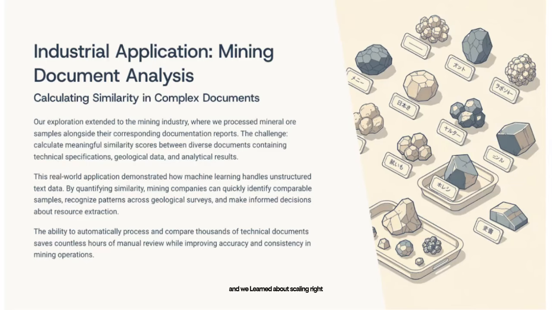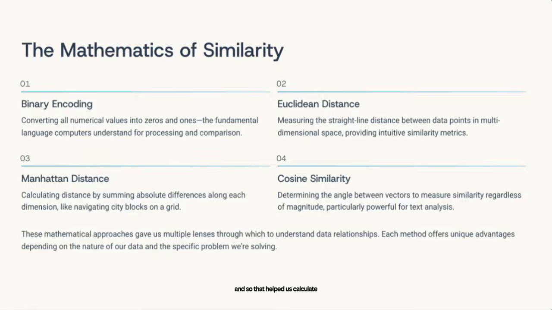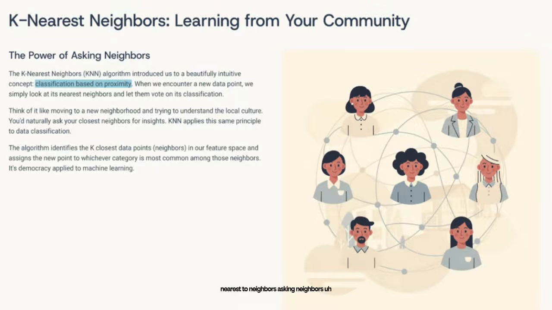And we learned about scaling, right? Turning all the numbers into 0 and 1. And so that helped us calculate Euclidean distance and Manhattan distance, as well as cosine similarity. And then we learned KNN, right? Nearest neighbors, asking neighbors.